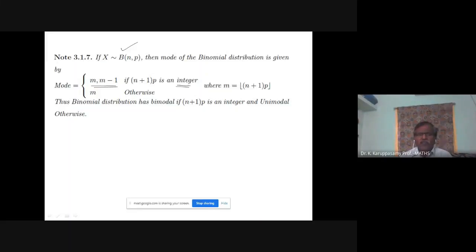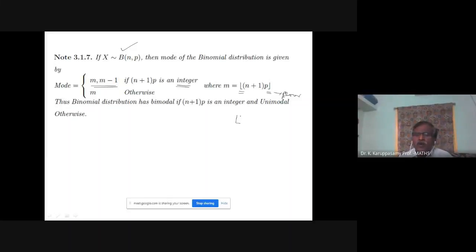What is m? It is the floor of the bracket. See the bracket. This is called the floor function. Floor function means the integer just below this number.